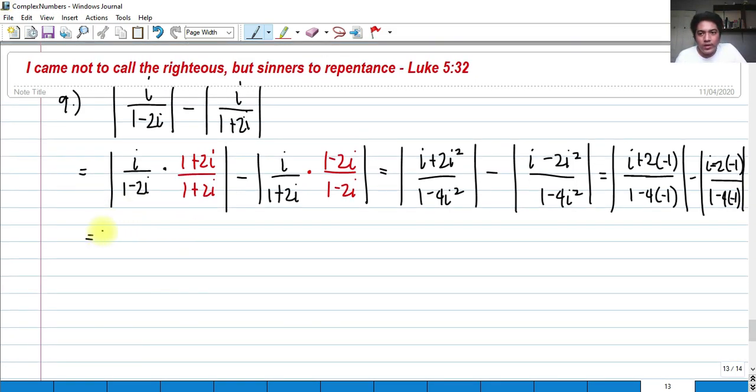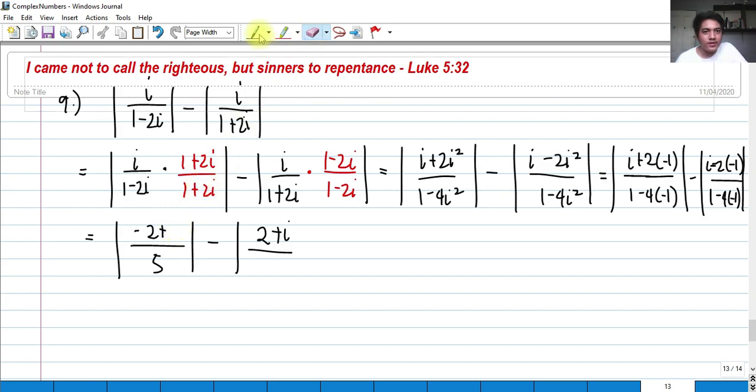So what we are going to do here is simplify. We have negative 2 plus i all over 5, and then minus the modulus of i minus 2 times negative 1, that's 2, and then we have a positive i, so that becomes 2 plus i, all over the same 5.